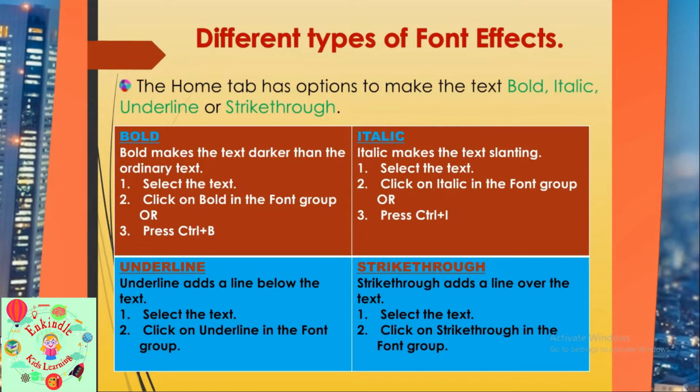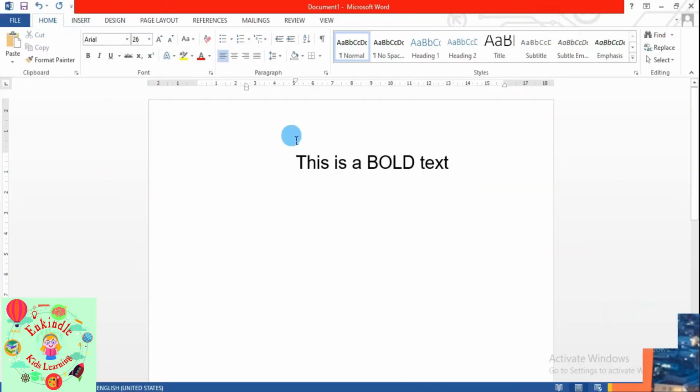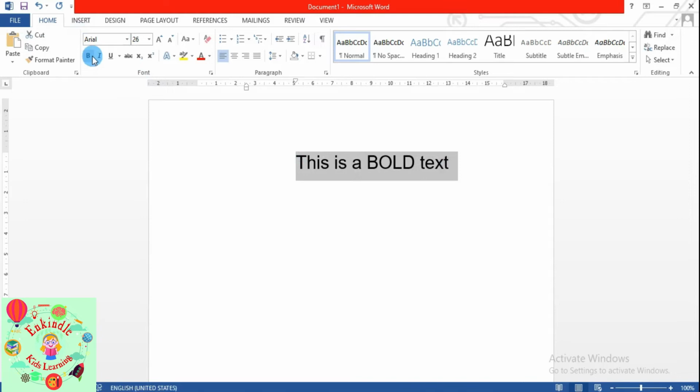Now we'll see how these different types of font effects are used and applied on the text. To make the text bold, select the text and then click on bold in the font group, or you can even press Ctrl plus B on the keyboard. To make text italic, first you will have to select the text and then click on italic in the font group, or even you can press Ctrl plus I on the keyboard.